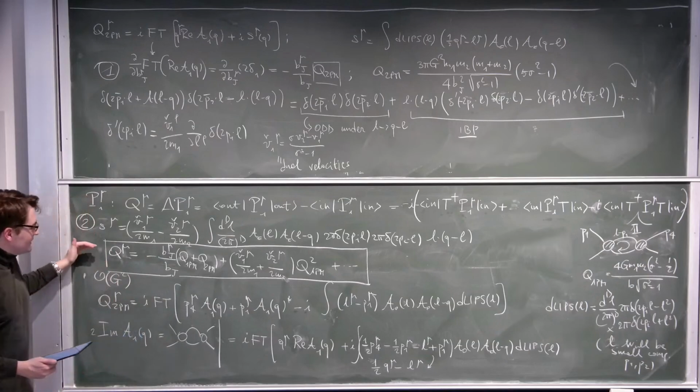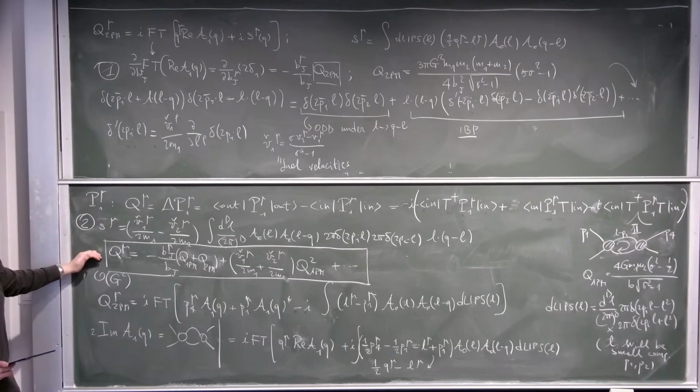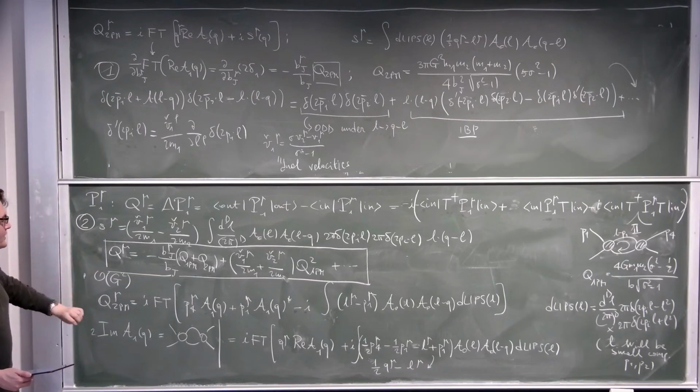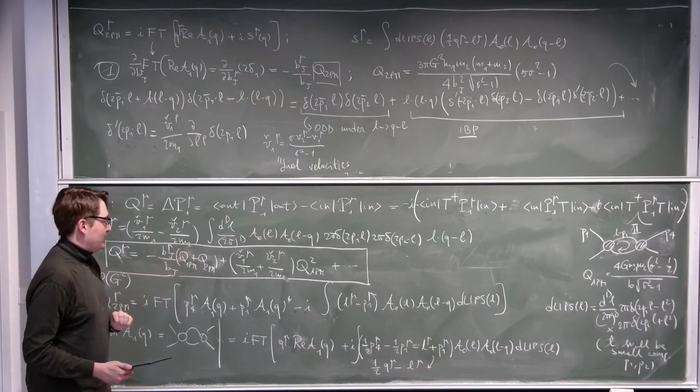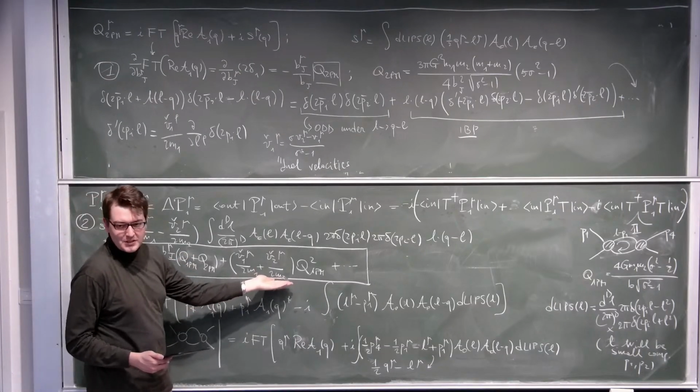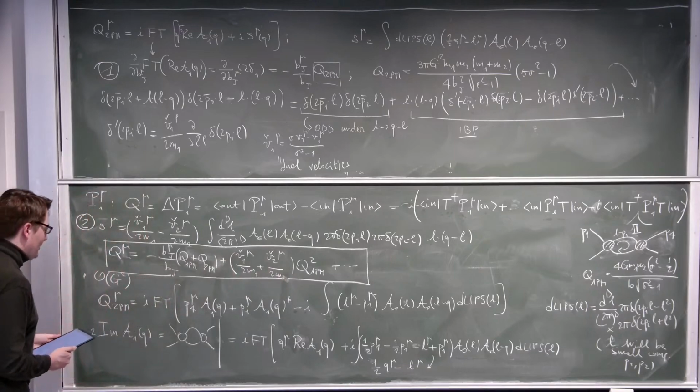What I wanted to highlight is that if you now try to compare this expression with what we obtained last time, it seems to be different. Last time we had something which was minus b mu over b times q1pm plus q2pm. This piece was nowhere to be seen. So what is going on?